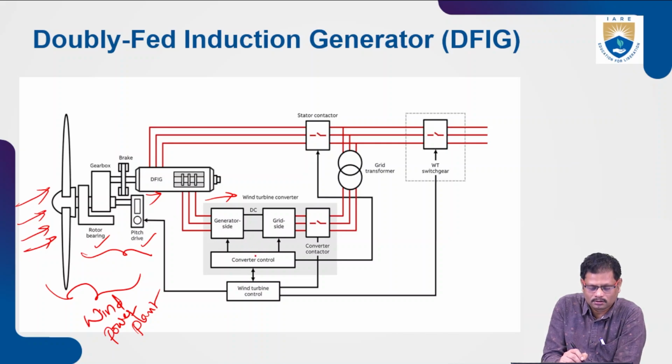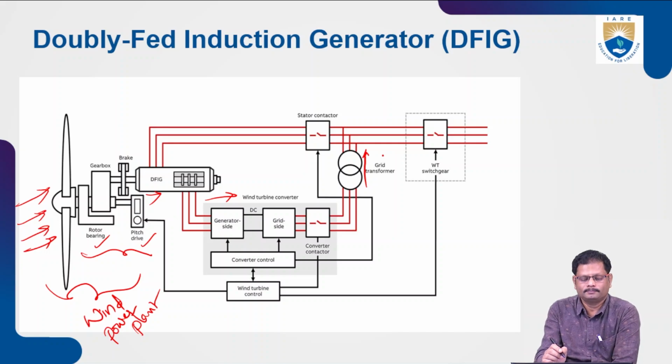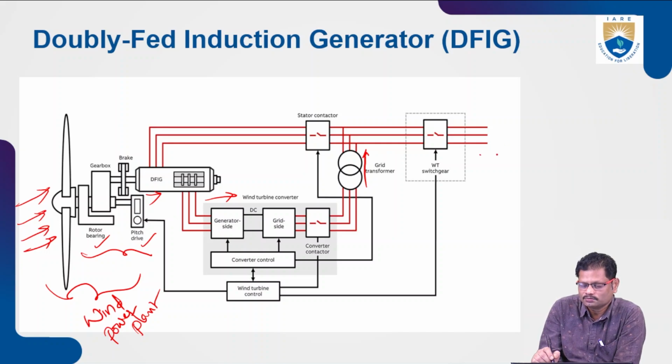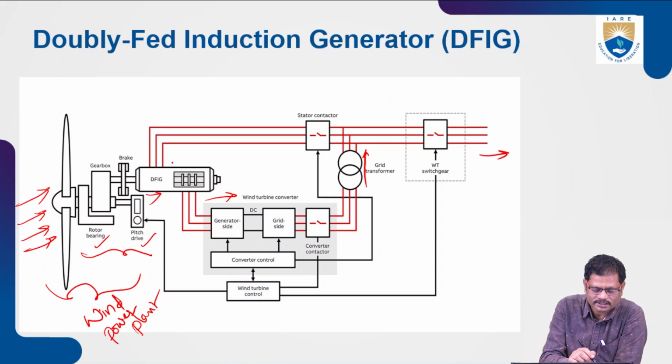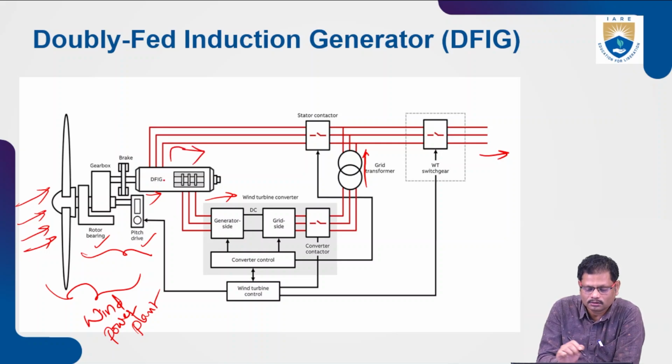Here it converts AC to DC and gives it to the grid side, and again with the help of transformers it is given to the transmission line, and also from the rotor side it is connected back to the grid.